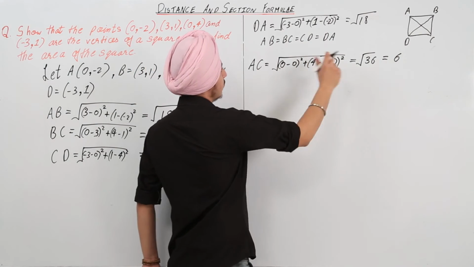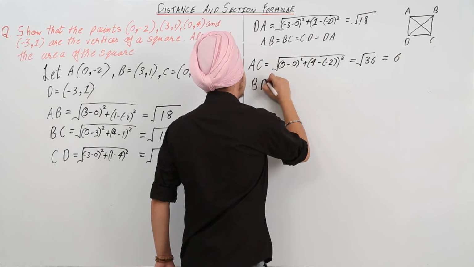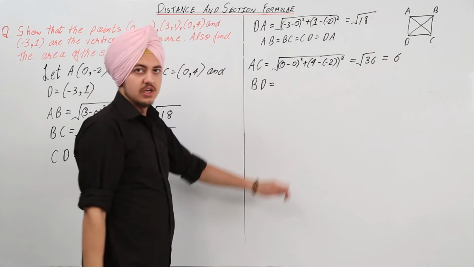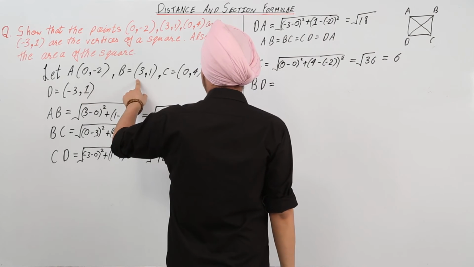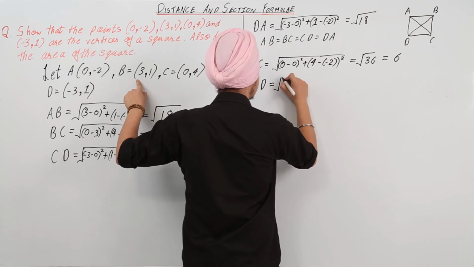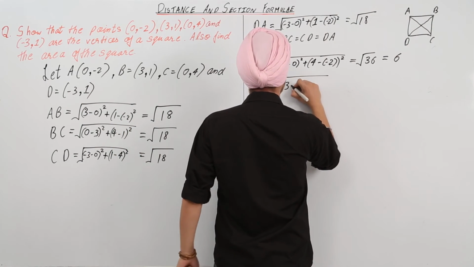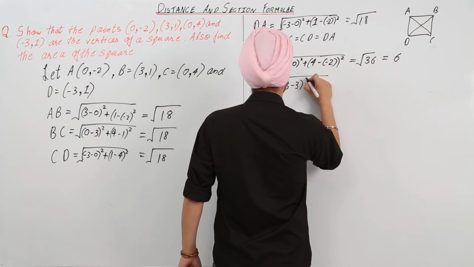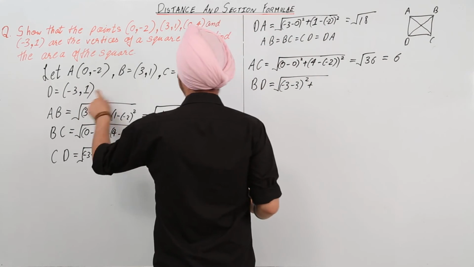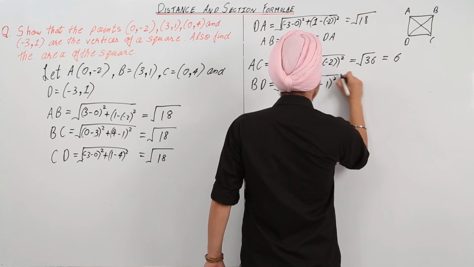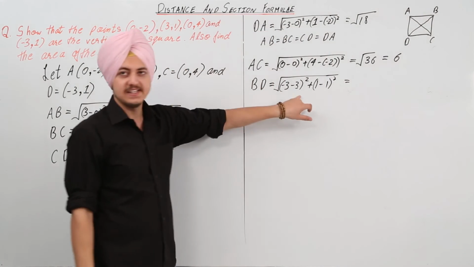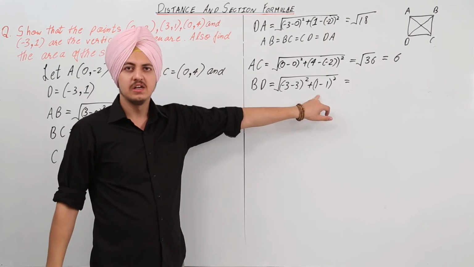Next we have to find out the length of BD, that is the other diagonal. So now the length of BD would be found by the square root of (-3 - 3) whole square plus (1 - 1) whole square. So this is equal to -6 whole square plus 0.